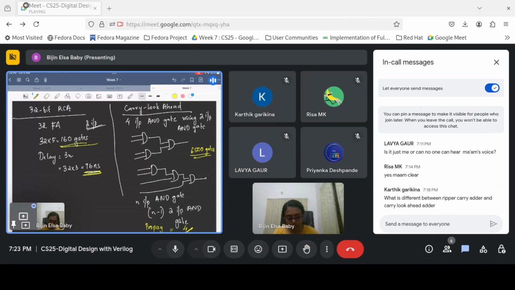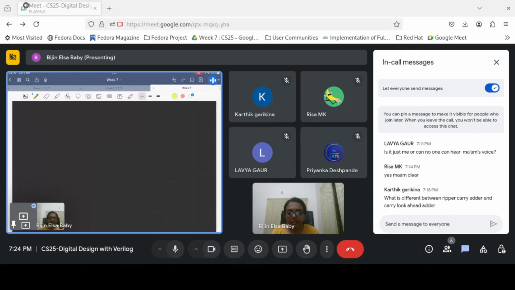So what we can do is create an optimized adder using both carry lookahead and ripple carry adder. You can group the carry lookahead, that is, you can have a carry lookahead adder for 4 bits. Similarly, you can have 8 such carry lookahead adders of 4 bits, and you can connect these 8 adders as a chain like a ripple carry adder.